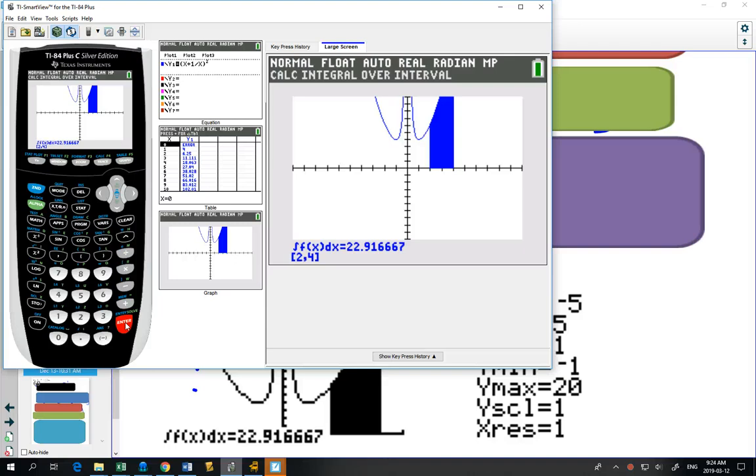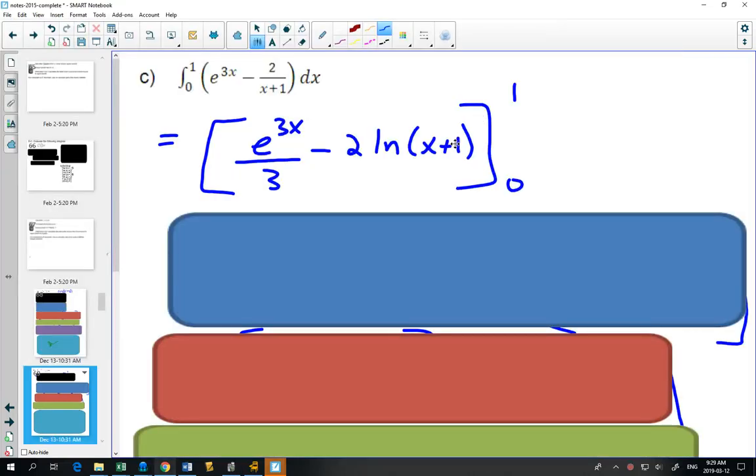Sometimes there'll be calculator parts to this so that you can find your area under the curve quickly. Then for sure you'd want to use that calculator to do that. All right, so did you integrate correctly?